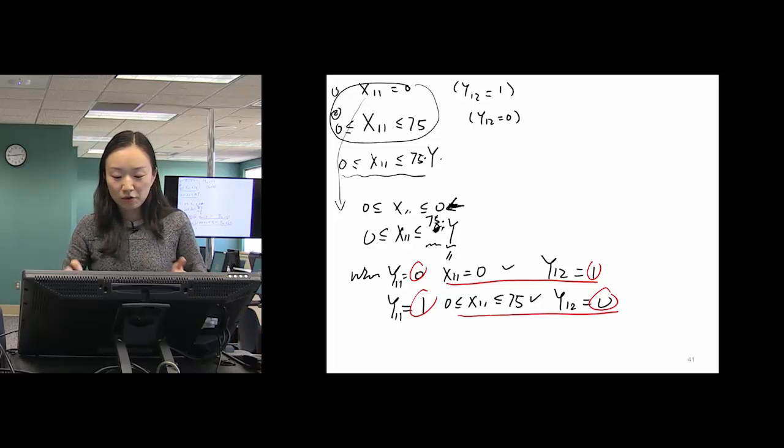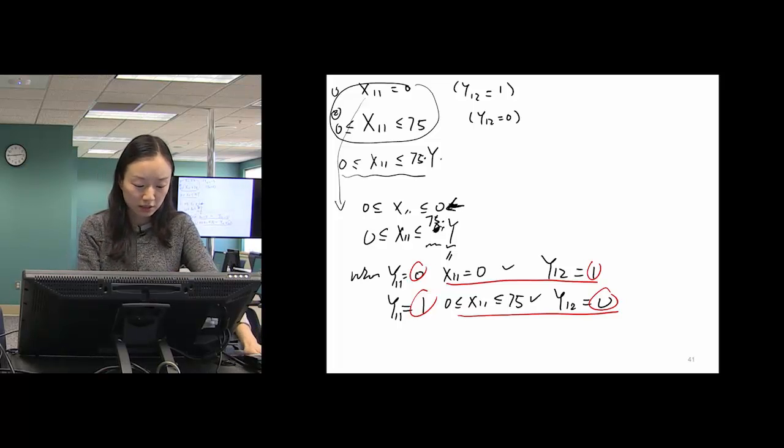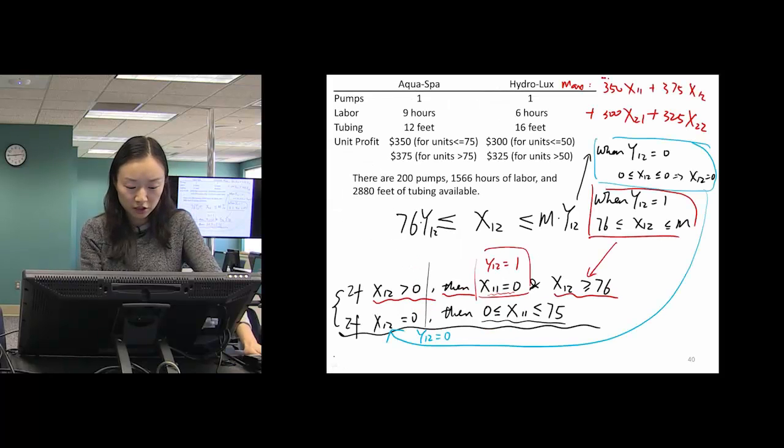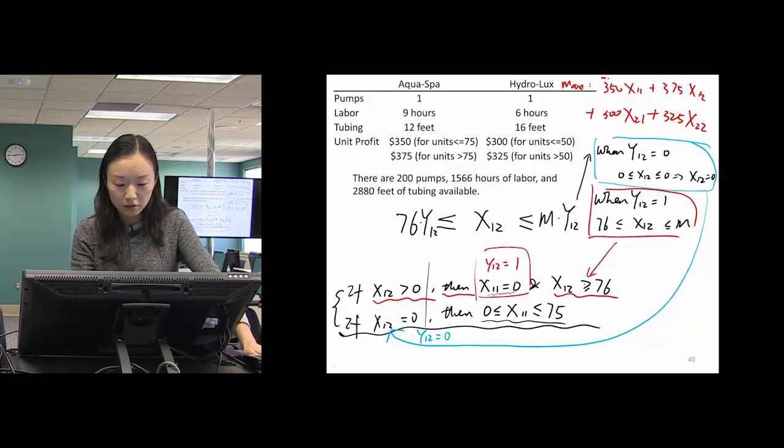Okay, but are we done? We need to link them because of this relationship here. This is the entire relationship here. Okay. If we don't link the two y's, then we don't have this. We only have if x12 is greater than 0, then x12 is greater than or equal to 76.